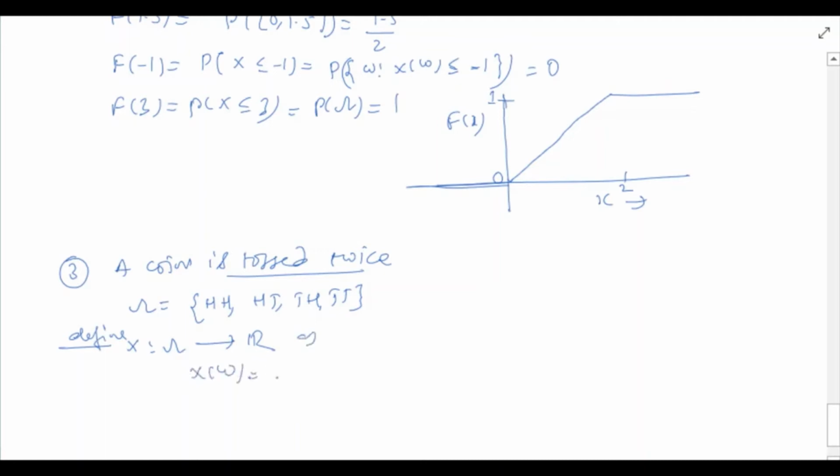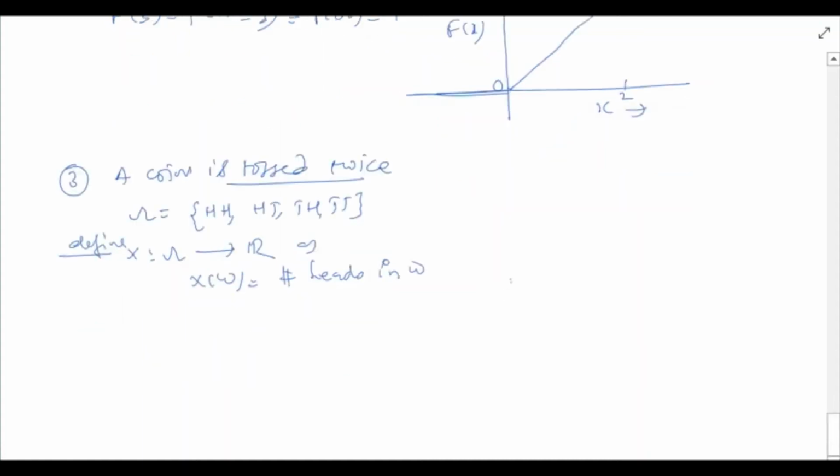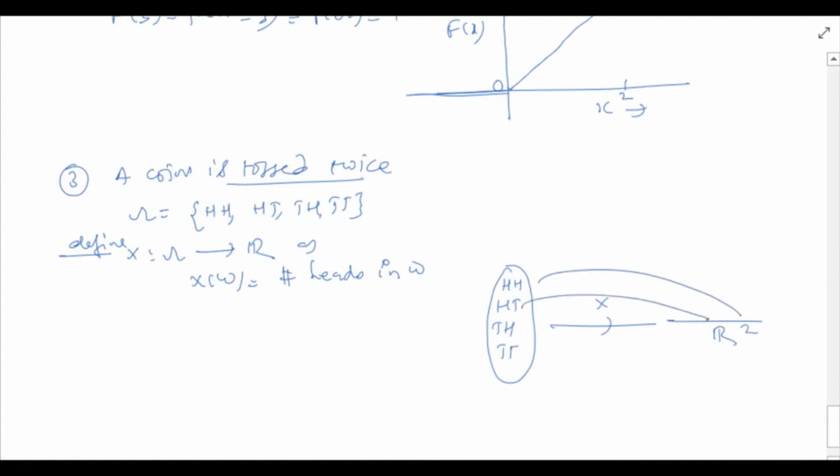X of omega is the number of heads in omega. In other words, we have a set HH, HT, TH, TT, and X is a mapping from this set to the set of real numbers, where HH is mapped to 2, HT and TH are mapped to 1, and TT is mapped to 0.